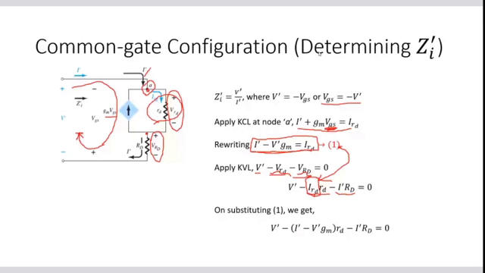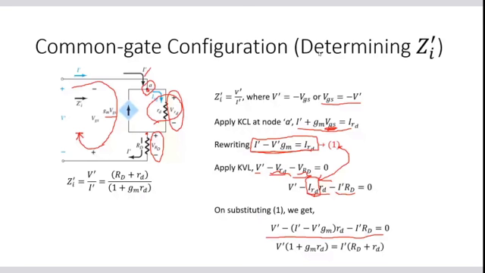Finally, you take V prime to one side and I prime to the other side, so that we end up with an expression like this. Thus, we have finally found Zi prime, that is V prime by I prime is equal to capital RD plus small rd divided by 1 plus gm into small rd.